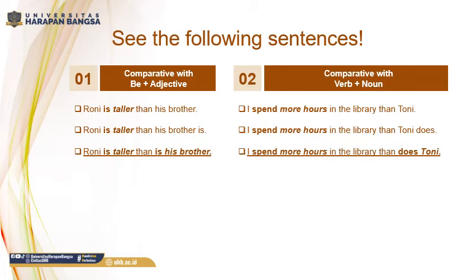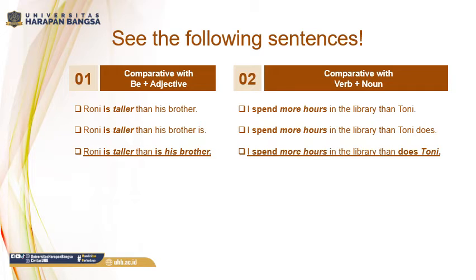So here we have 3 sentences and all of these 3 are correct. Ketiga kalimat ini benar ya. Kita bisa bilang Ronnie is taller than his brother, or Ronnie is taller than his brother is, or Ronnie is taller than is his brother.